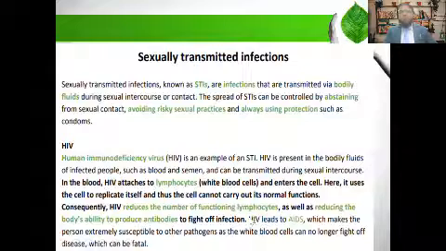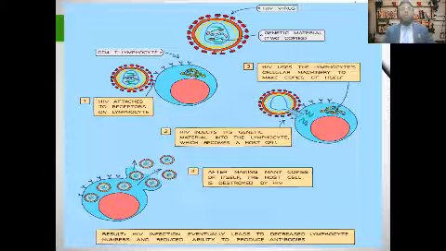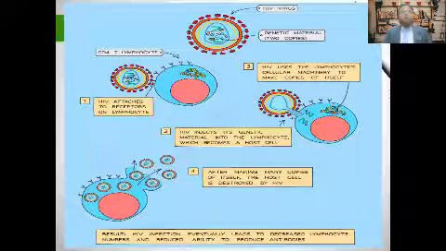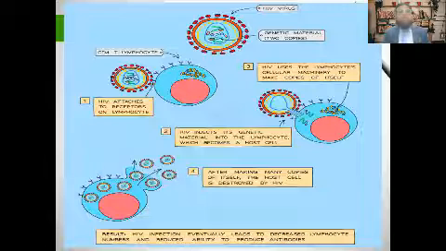Okay, and HIV leads to AIDS, which makes the person extremely susceptible to other pathogens, as the white blood cells can no longer fight off disease, which can be fatal. As you can also see in the diagram how this infection proceeds.